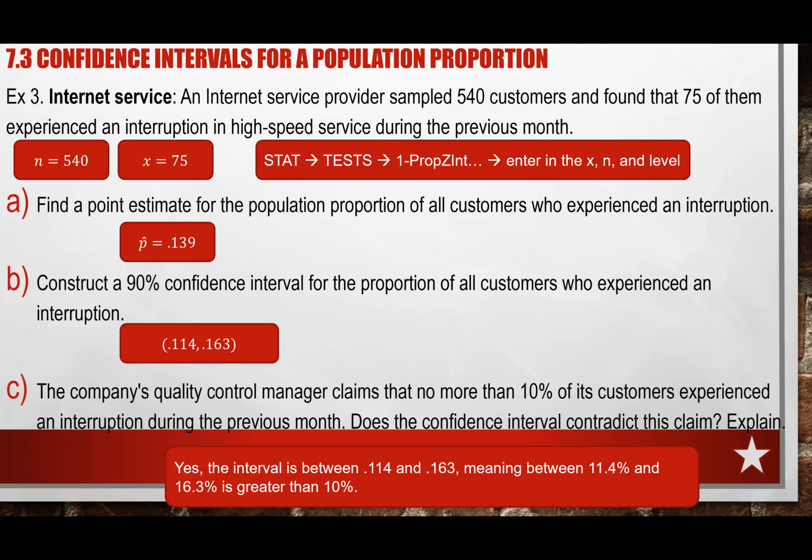Because I had one where the confidence interval was like 0.104, and I put that it contradicted because 0.104 is technically higher than 0.10, and it said I was wrong. So how close to 10% does it need to be? Is my question. You say yes, it contradicts?